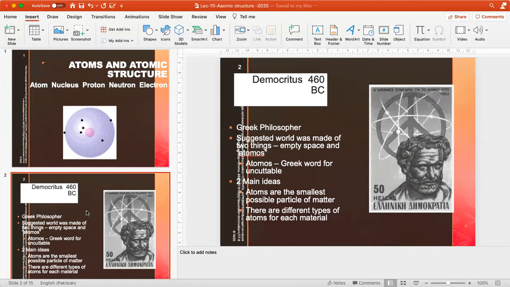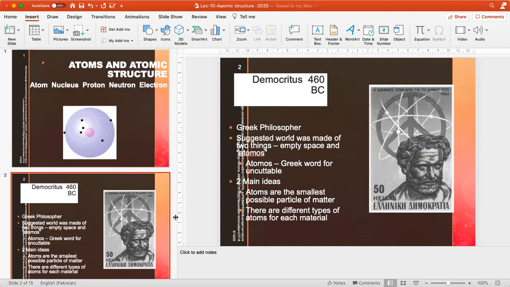Atomus is actually a Greek word which means undivided. And now it is referred to as atom because we are familiar with the word atom, not atomus. So atomus is the basic unit of matter in the theory of Greek philosopher Democritus, right?